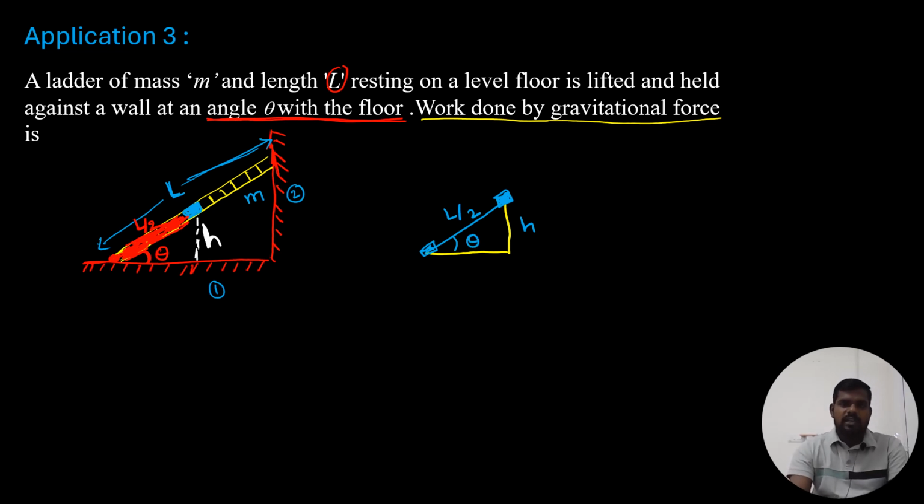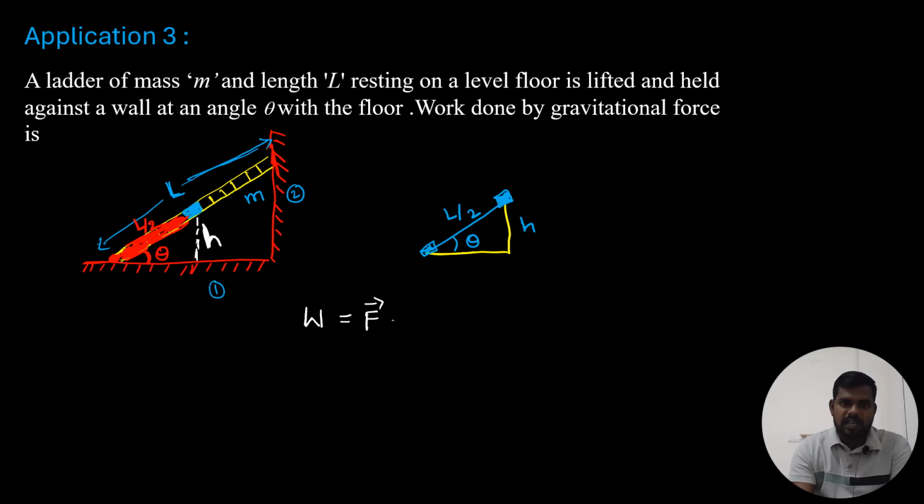The main aim of this application is the work done by the gravitational force. The work done formula is W is equal to F vector dot S vector, which means F S cos theta. Here theta is the angle between force and displacement.